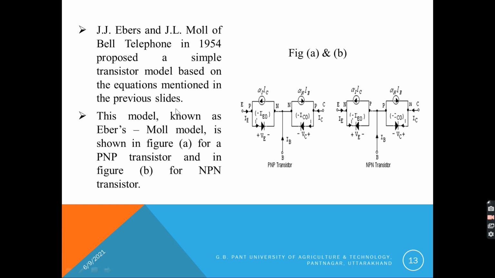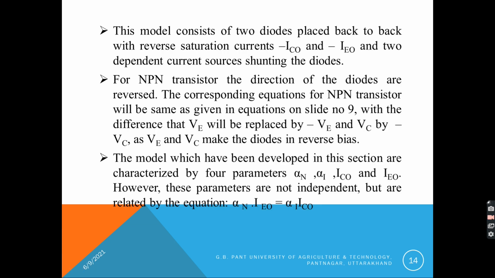These two figures represent the Ebers-Moll model, respectively for a PNP transistor and for an NPN transistor. This model basically contains two diodes placed back to back with reverse saturation currents minus ICO and minus IEO, and two dependent current sources shunting these diodes.